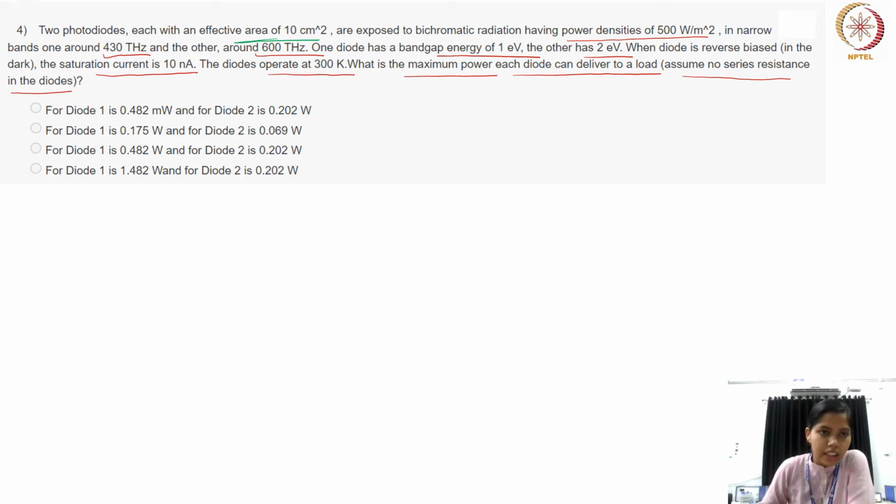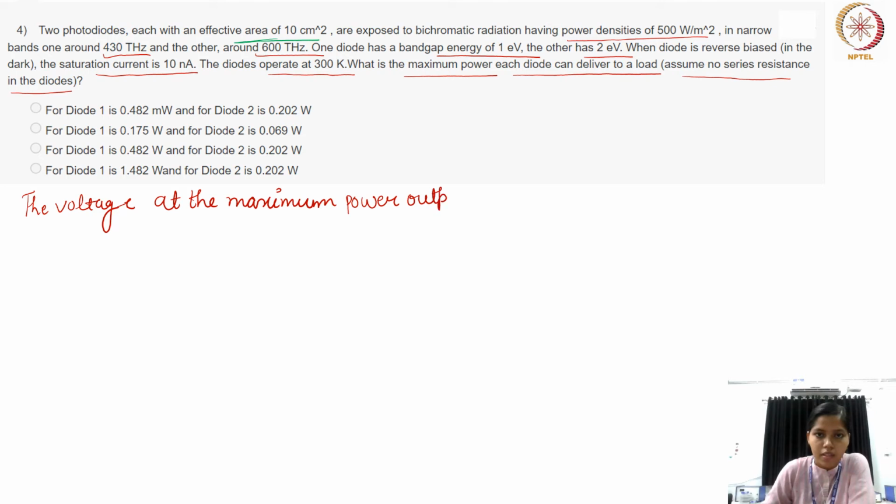So we know the relation, actually the voltage at the maximum power output, let's say it is your Vm, correct?